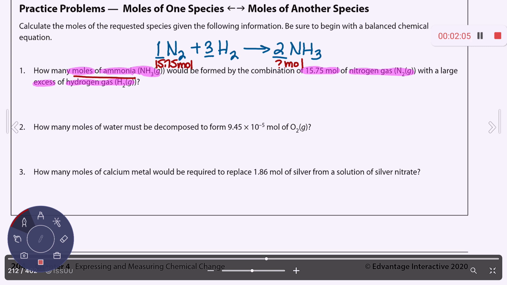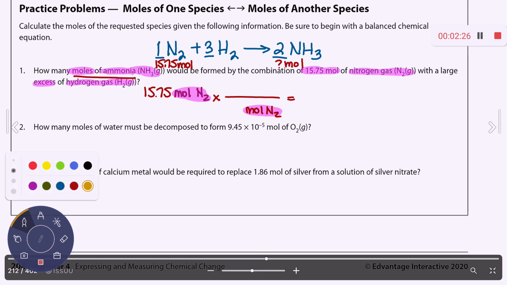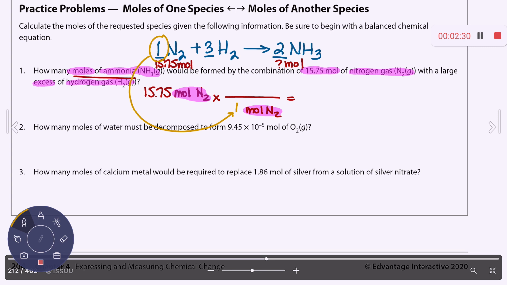So take what you're starting with, 15.75 moles, put the chemical formula after it, and then this unit is going to get written on the diagonal of a fraction because we're trying to cancel it. So moles of N2 will follow us down here, okay? And then the coefficient that's in front of N2, which is a 1, will come down here.